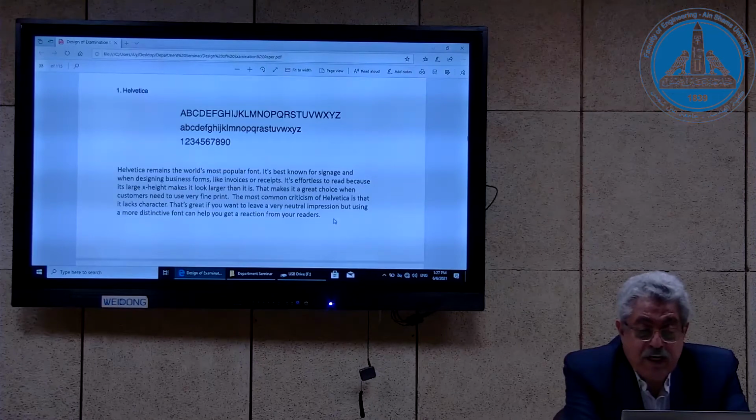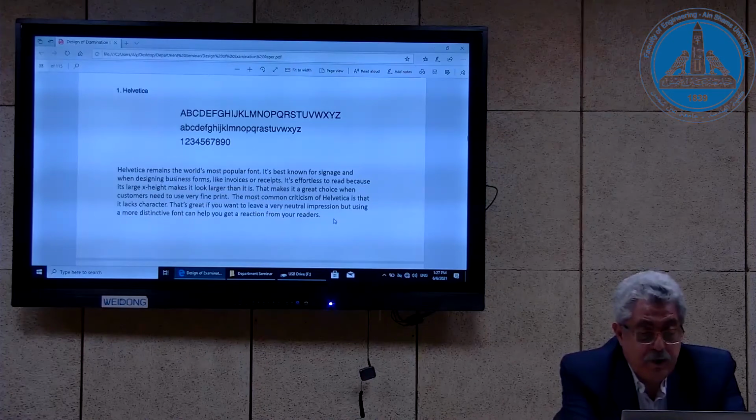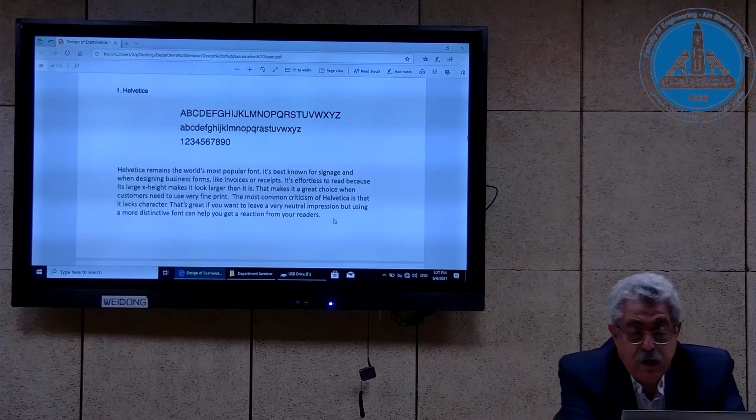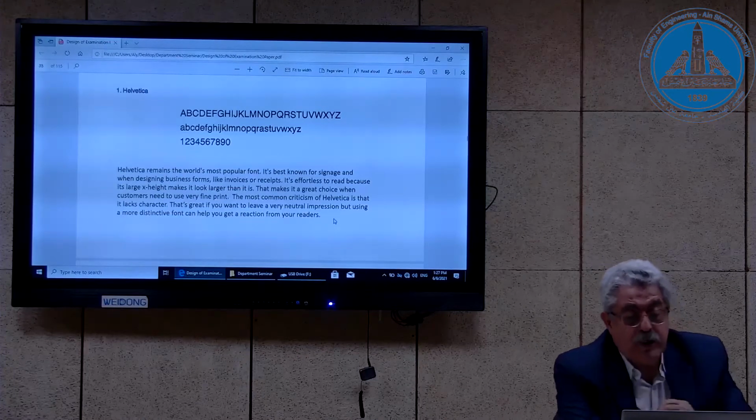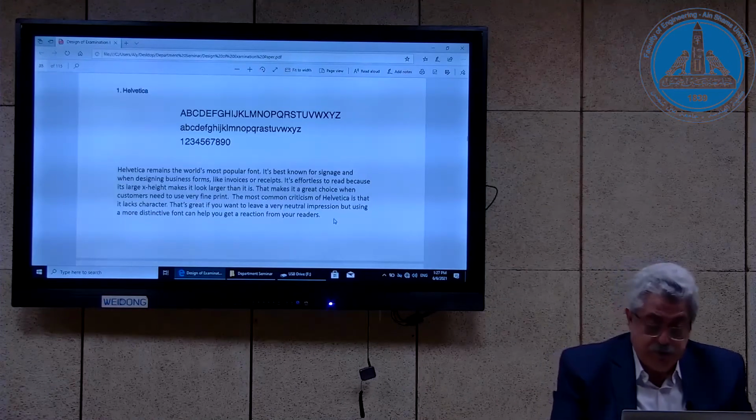That makes it a great choice when customers need to use very fine print. The most common criticism of Helvetica is that it lacks character. That's great if you want to leave a very neutral impression, but using a more distinctive font can help you get a reaction from your readers.